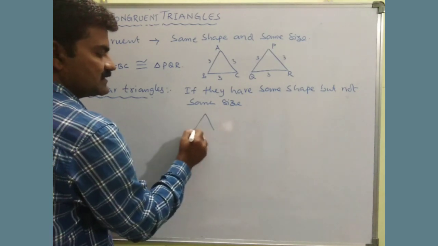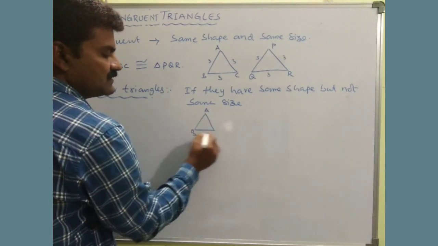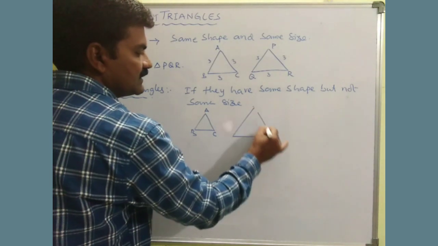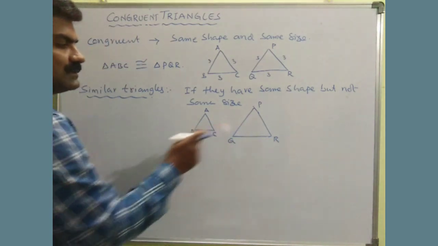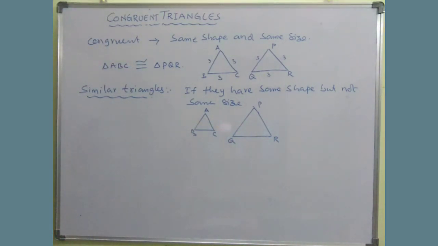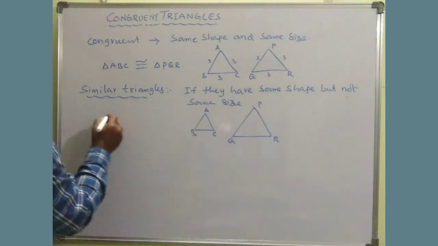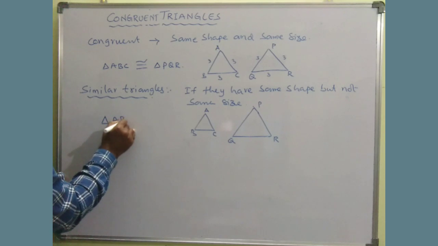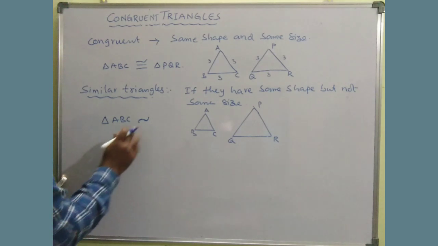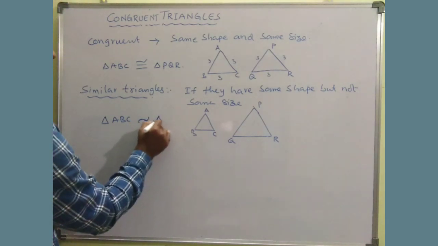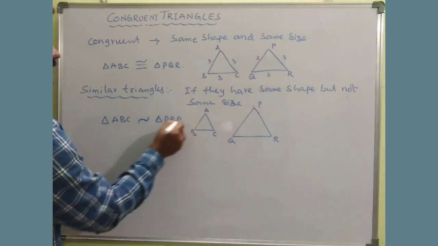For example, this is a triangle ABC, whereas this is another triangle PQR. Both geometrical figures have the same shape, isn't it? But not the same size. Hence we say that triangle ABC is similar to, this is the symbol we use to represent similarity, triangle PQR. Understood?